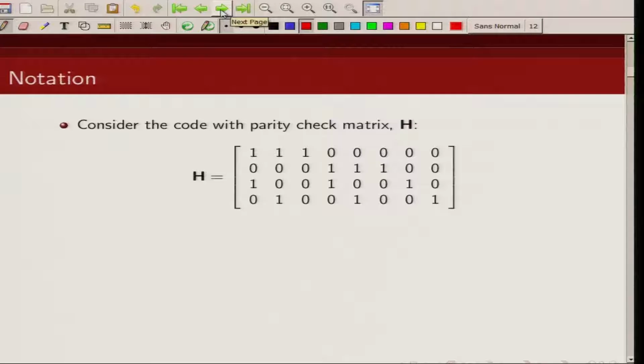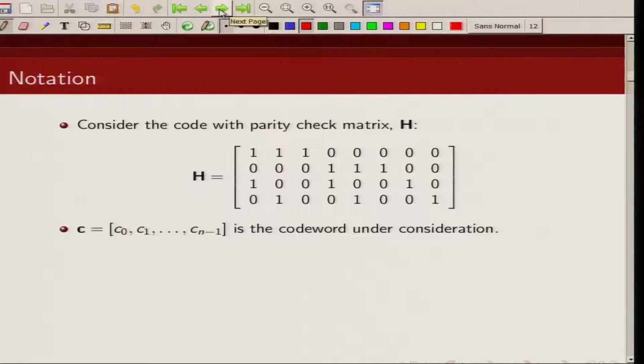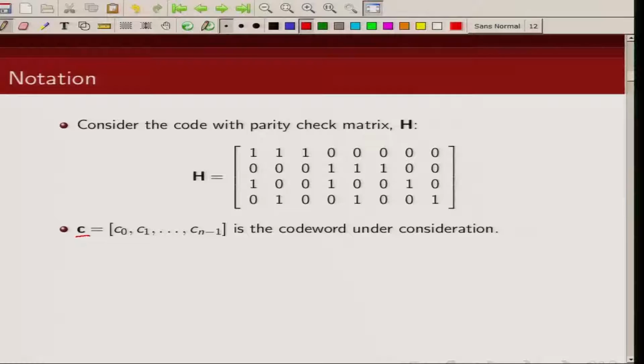So, let us consider an example. This is our parity check matrix. We will first describe the notations that we are going to use, then we will state the decoding algorithm and the corresponding equations, and then we will illustrate using one example. We are using C to denote our code word.